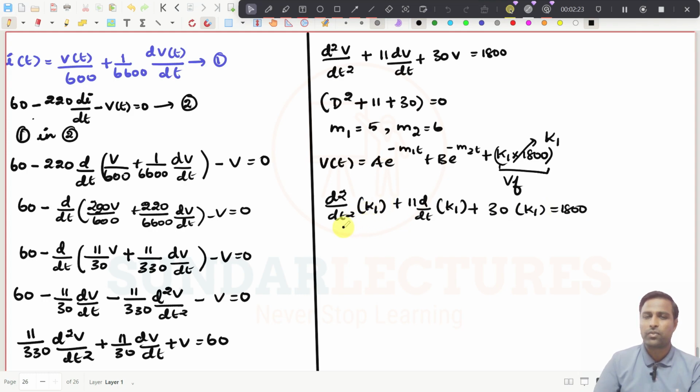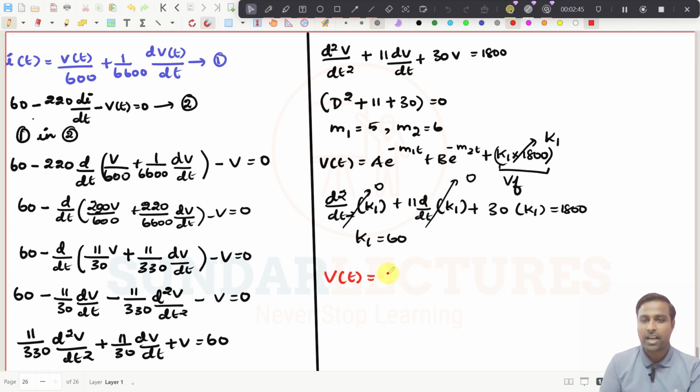See, if you differentiate a constant, you will get 0. So 30 k1 is equal to 1800, and if you simplify further, you will get k1 equal to 60. That's all, right? So k1 is equal to 60.